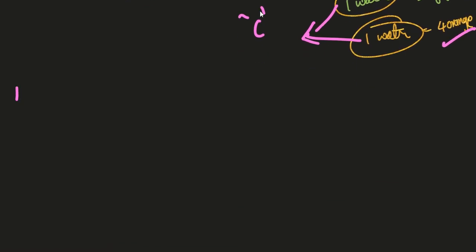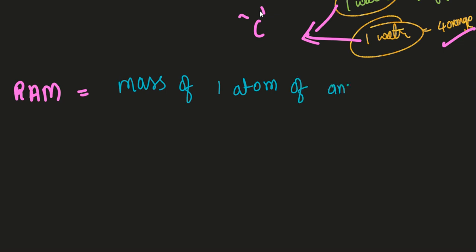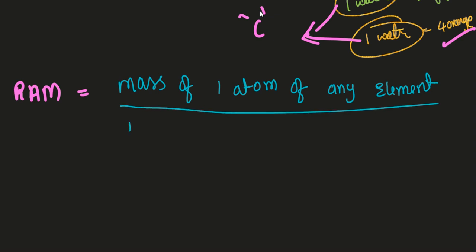Coming to the formula, relative atomic mass is mass of one atom of any element, whatever element you want, you can take any element, divided by 1/12th of the mass of one atom of C12.